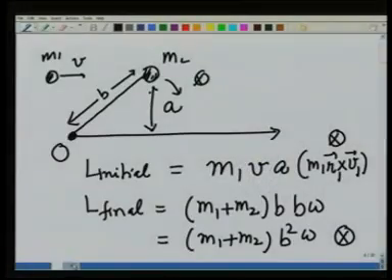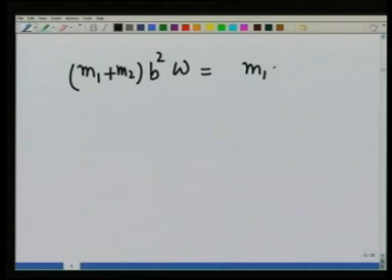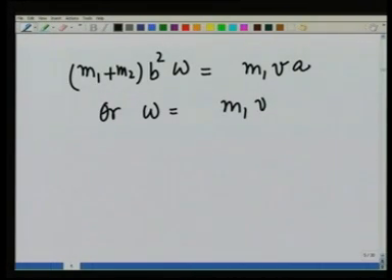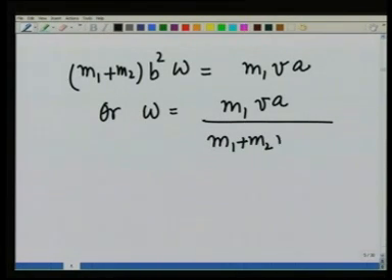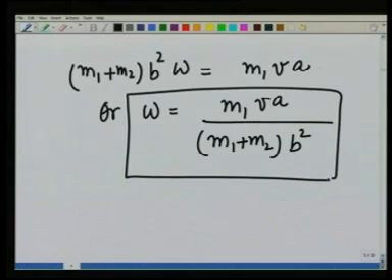Equating the two, because tau external is 0, L final and L initial must be the same, and therefore, I should have m1 plus m2 times b square omega is equal to m1 v a, or omega equals m1 v a divided by m1 plus m2 times b square, and that is my answer, which I obtained from the conservation of angular momentum.